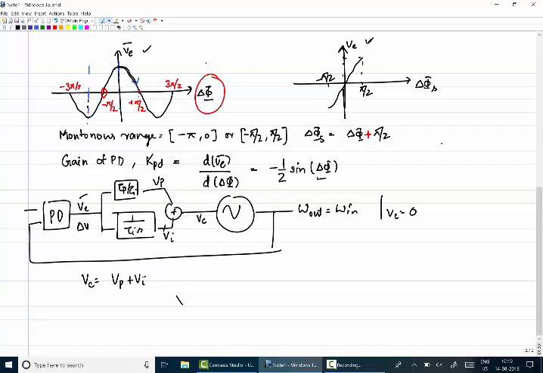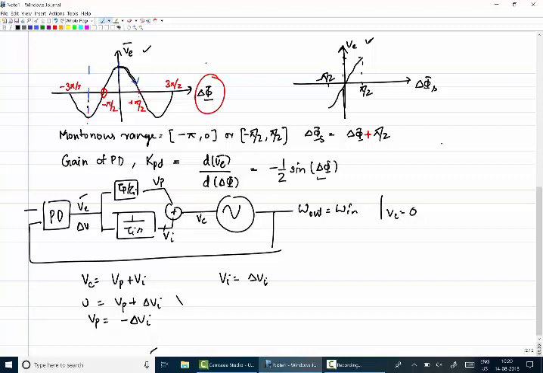If by force I say that VI is some fixed positive value, let us say delta VI, then for that delta VI, VC should be equal to 0 for the PLL to lock in steady state, because that's the voltage which is required to have the same frequency. So this is equal to 0, so VP will be equal to minus delta VI.